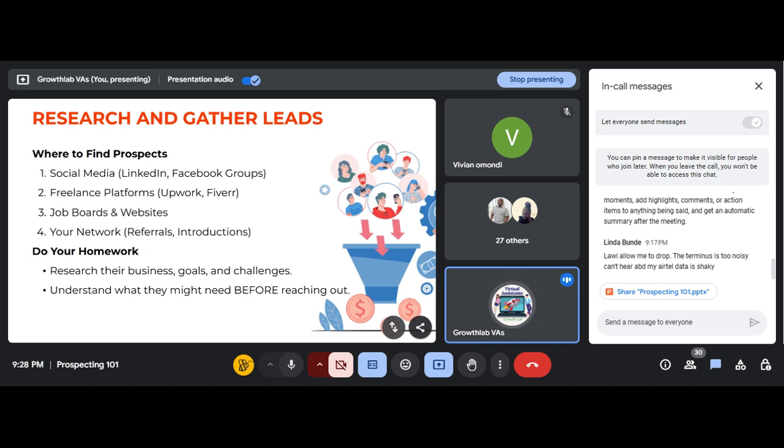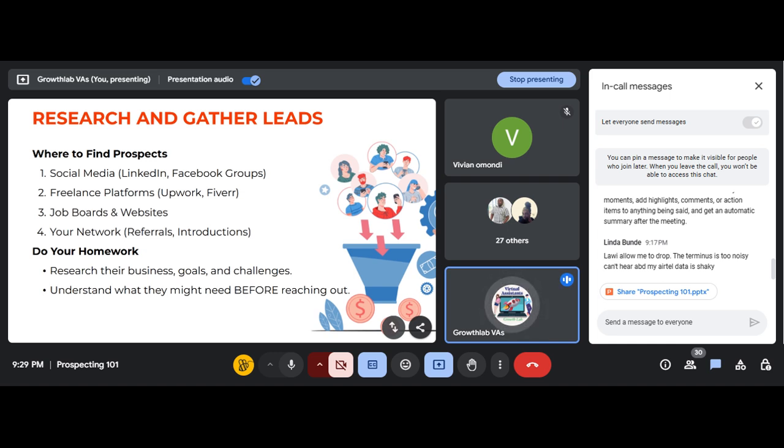You should have a page, either a website or a page that shows what you do. You should already be branding your social media by showing the services that you offer. Now, after you've done all that, you come to find prospects.